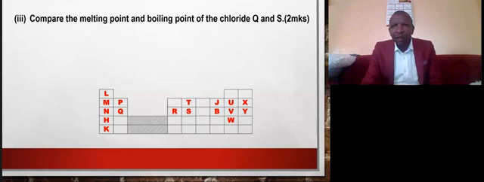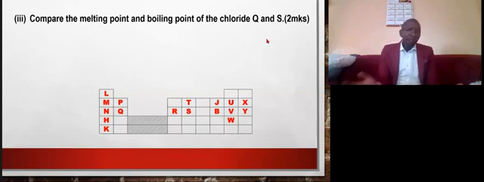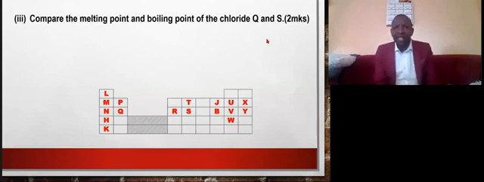You know the answer, but the way you are mixing up your explanation, you're confusing bond and structure. So you don't have a giant ionic bond. There's nothing like that. The concept, the answer there should be as follows: the chloride of Q has a higher melting point than chloride of S. That's the first, melting point.